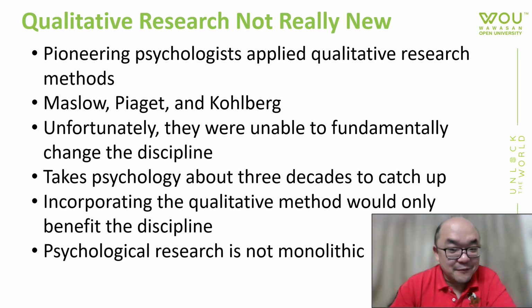So we are here only now. The argument is that incorporating the qualitative method will only benefit the discipline. Definitely so. Again, they serve different purposes, and by including it, you'll be able to cover things that are not really applicable if you are using quantitative methods.